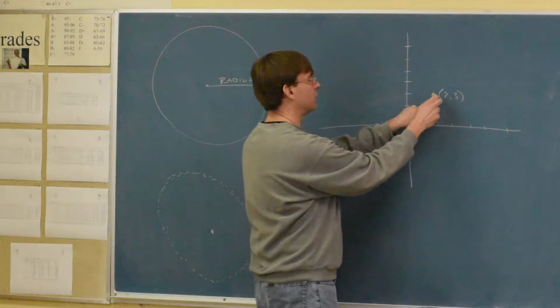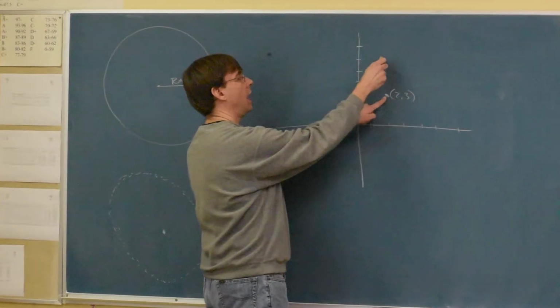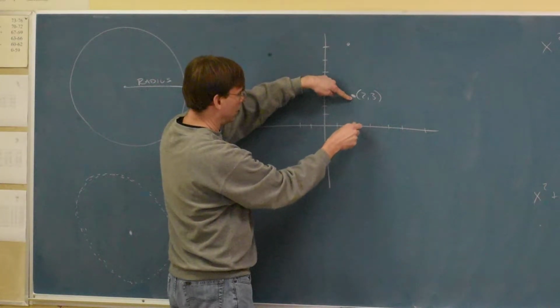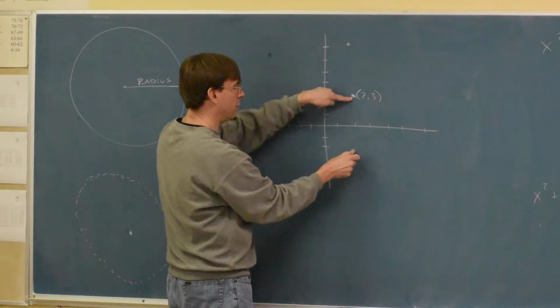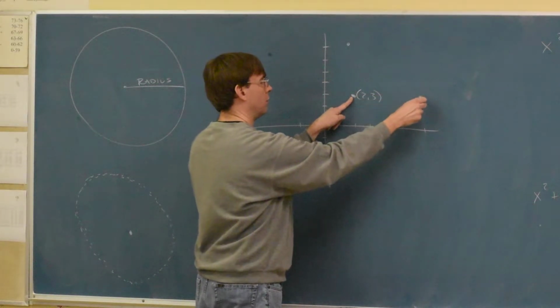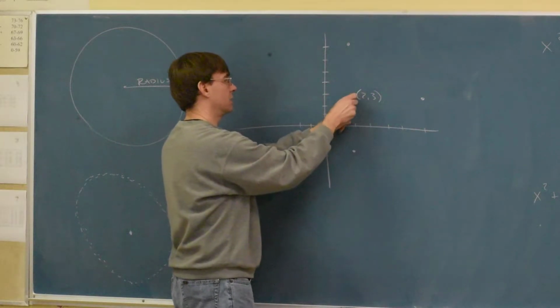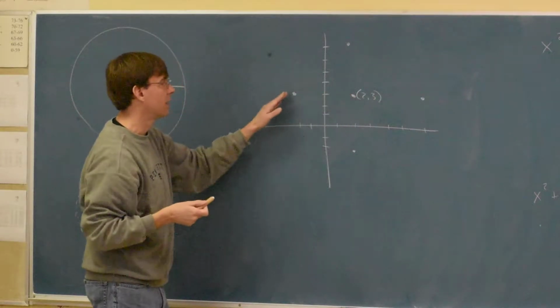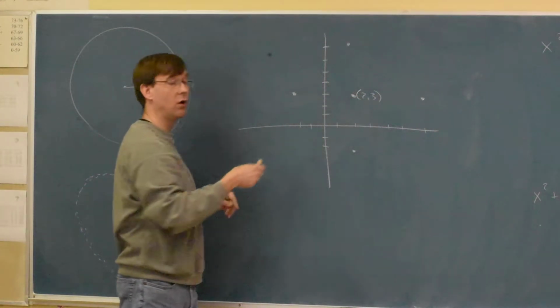If the radius is 4, I need to go, in no particular order, up 4 blocks directly above the center, down 4 blocks directly below the center, to the right 4 blocks on the same height as the center, and to the left 4 blocks directly to the left of the center, sort of like north, south, east, west, all 4 directions.